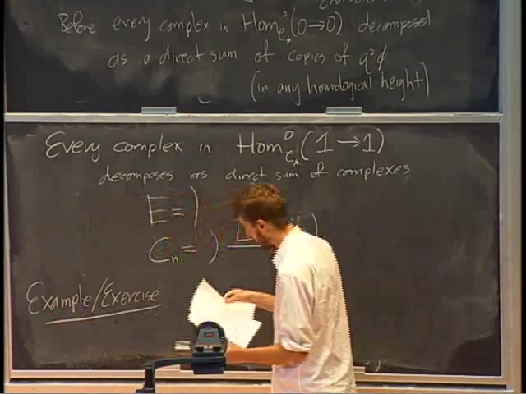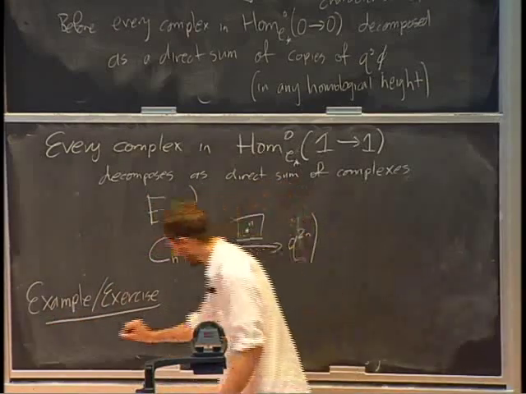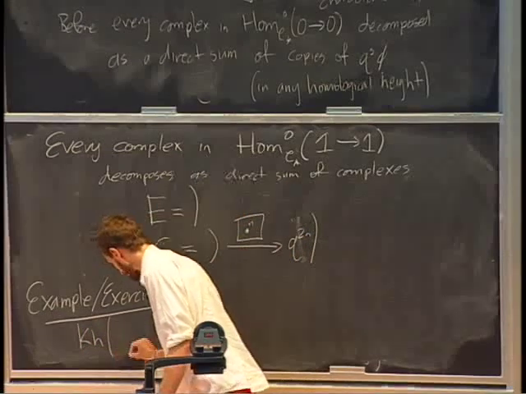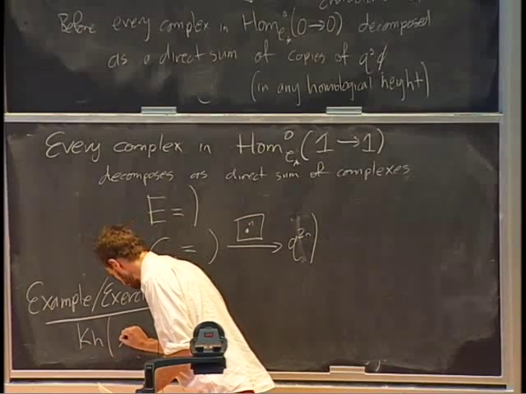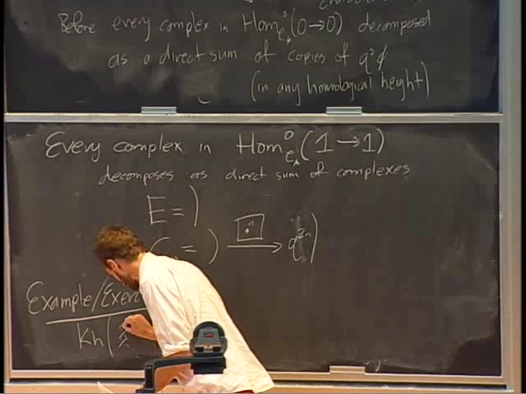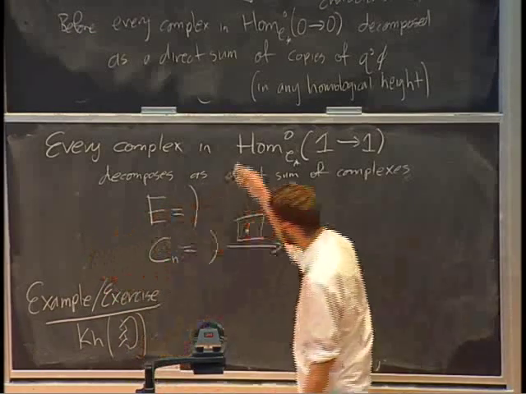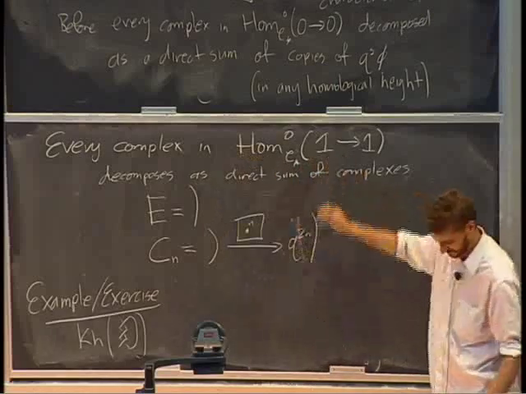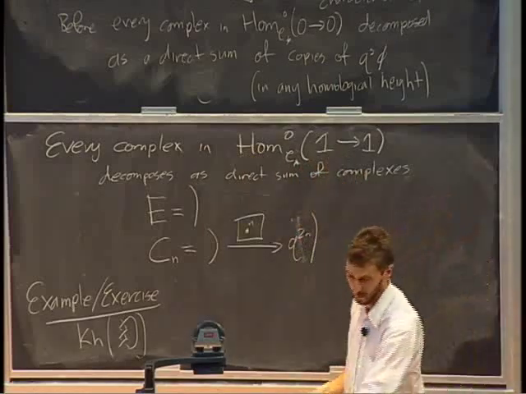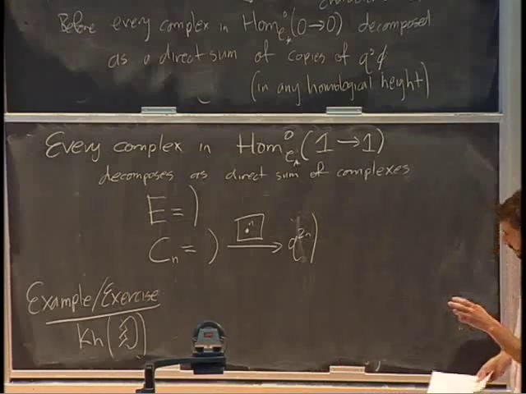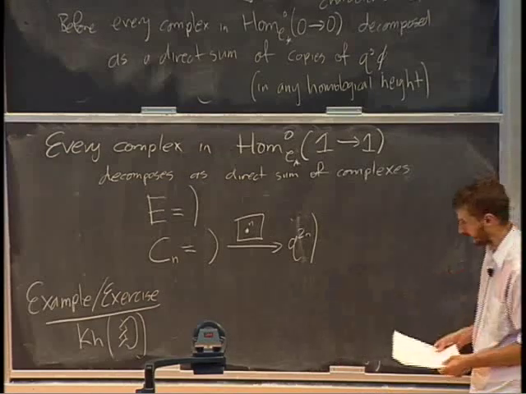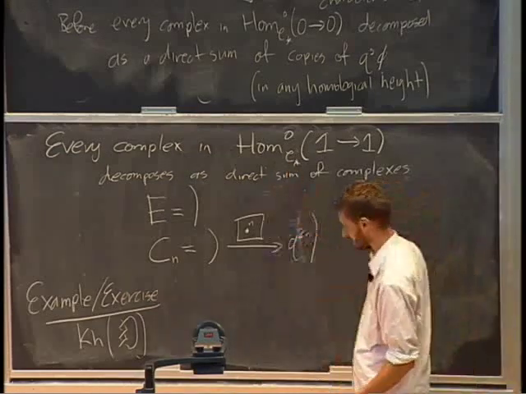which is that if we take the Khovanov homology of the cut-open trefoil, because this theorem only applies to complexes in the 1 goes to 1 space, we're now going to think about invariants of knots by cutting them open at a point, turning them into 1-1 tangles and sticking them into this Hom space.